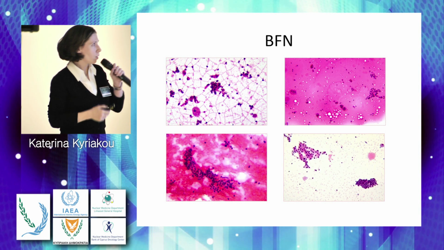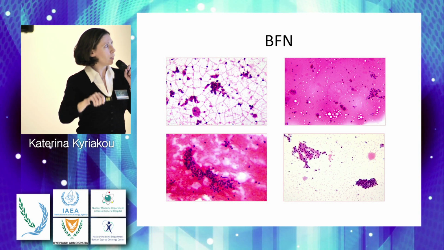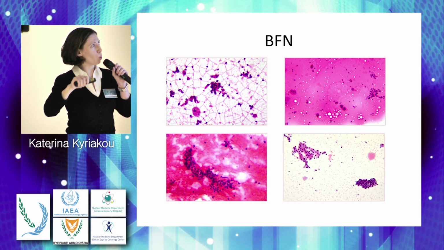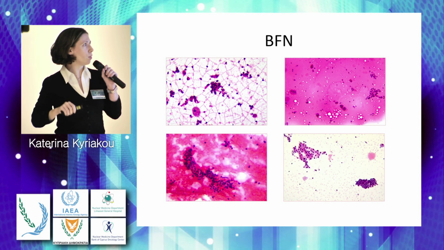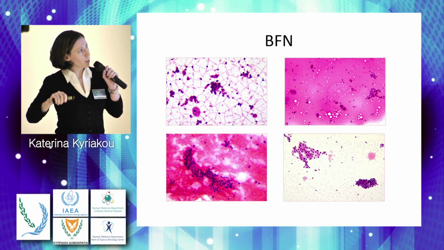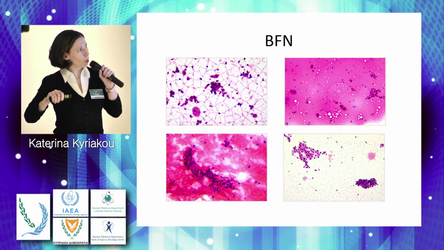These are a few images from cases we had. Here we see the colloid with the broken glass appearance. Here we see a foamy macrophage that indicates the cystic degeneration. And here we have a few follicular cells. Here again we see colloid and follicular cells.